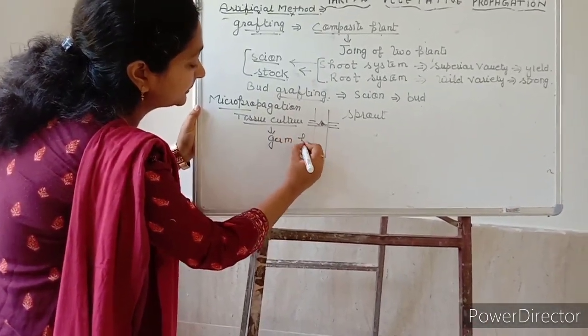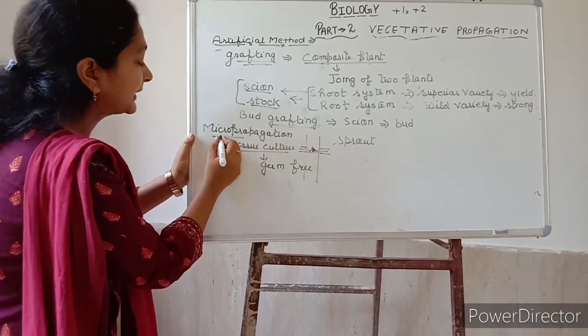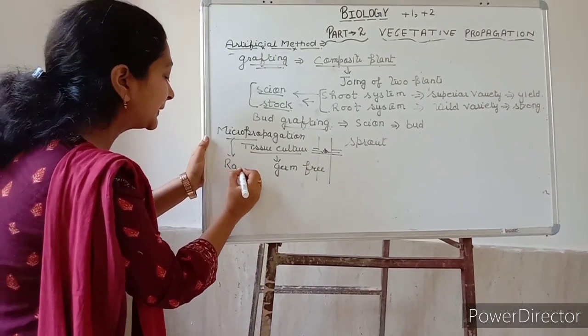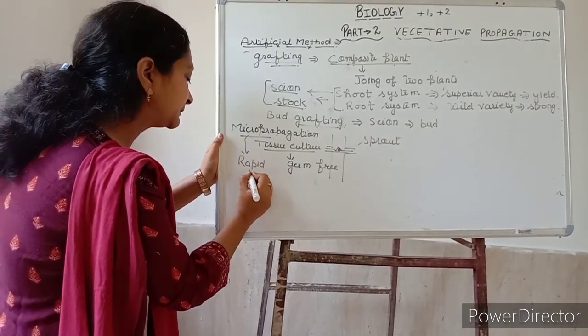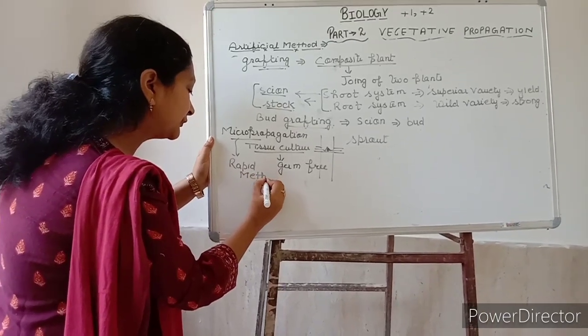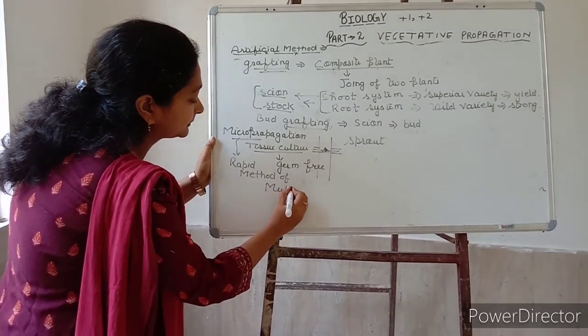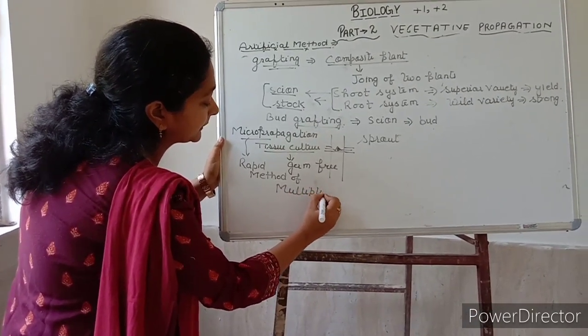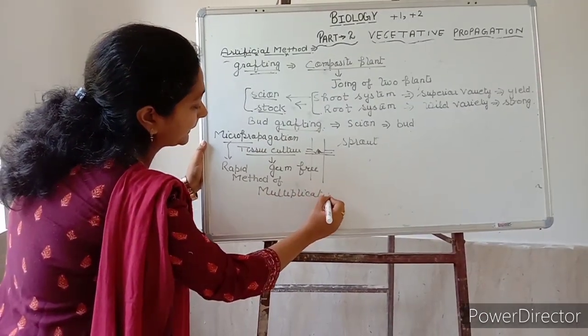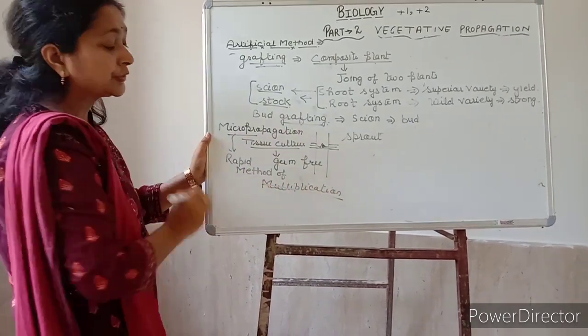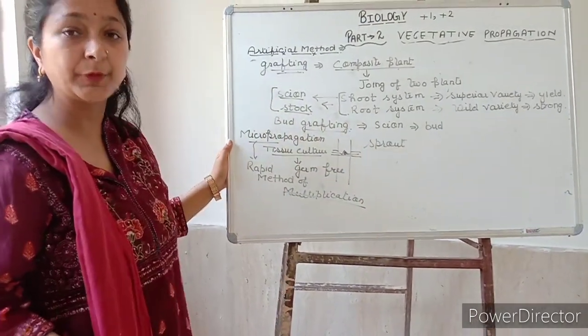It is a rapid method of multiplication. So this is all about vegetative propagation.